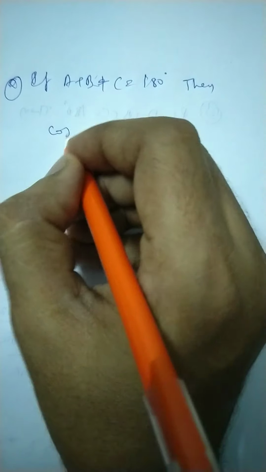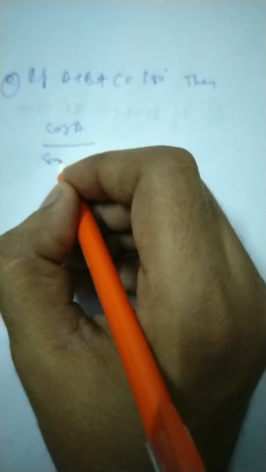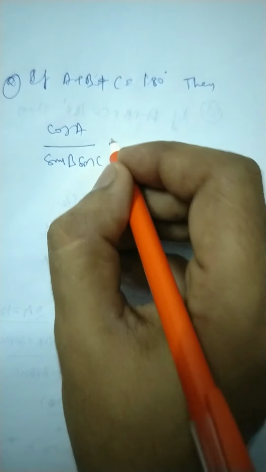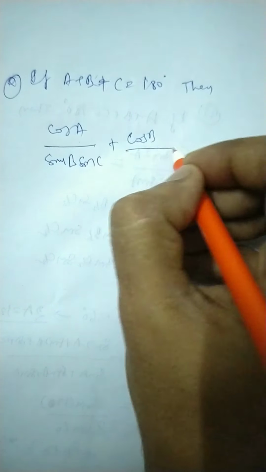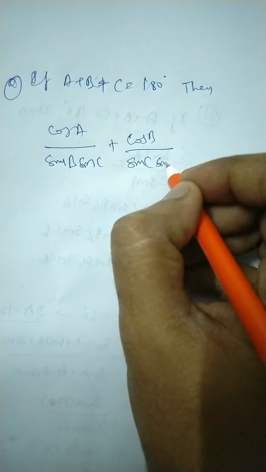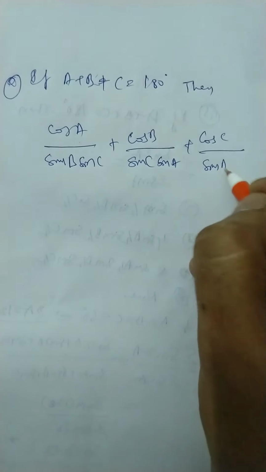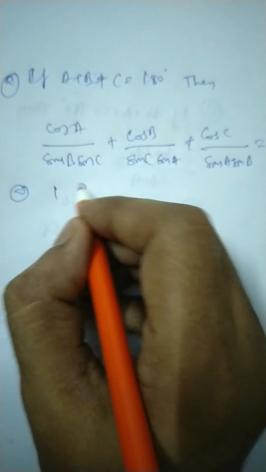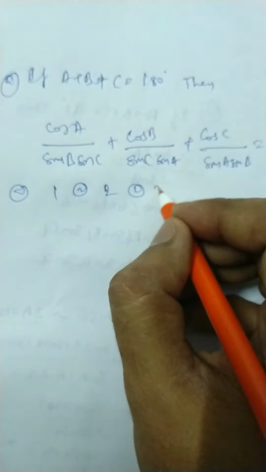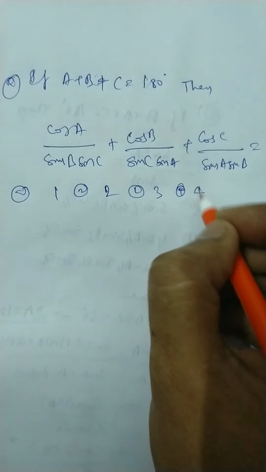If A plus B plus C is equal to 180 degrees, then cos A by sin B sin C plus cos B by sin C sin A plus cos C by sin A sin B is equal to. Options are 1, 2, 3, 4.